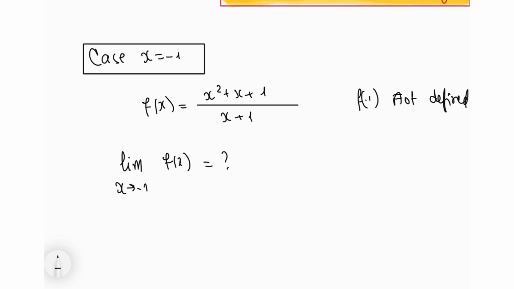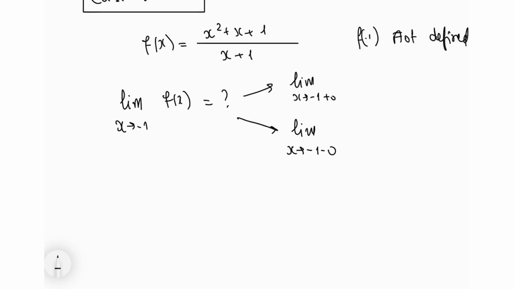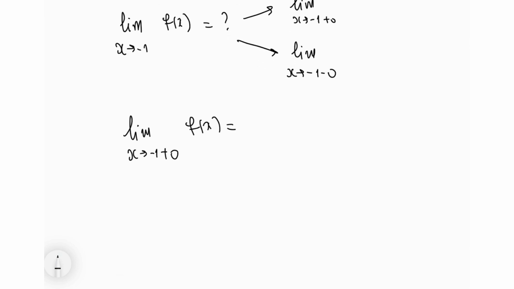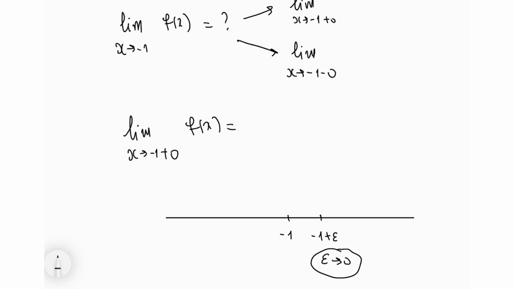But let us see what happens with the two-sided limits: when x approaches -1 from the right and when x approaches -1 from the left. Now the limit when x approaches -1 from the right of f of x: one easy way to see this is to take -1 plus epsilon, where epsilon goes to 0. So instead of x, we put -1 plus epsilon, and let epsilon go to 0.